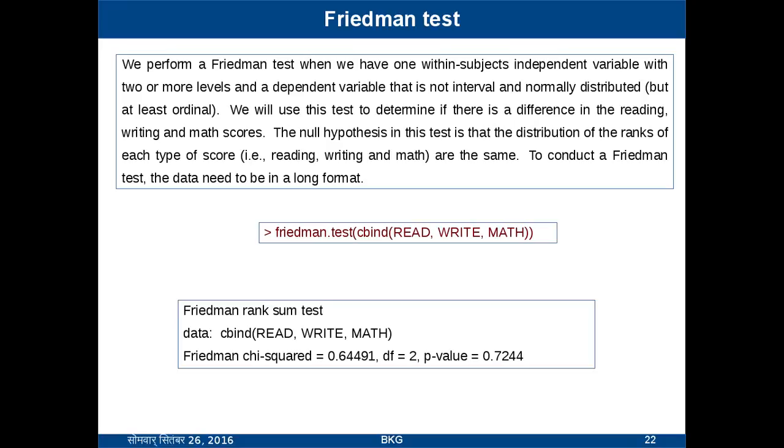To conduct the Friedman test, the data needs to be in long format. So we use this R code, Friedman test, cbind option. That means the read, write and math will be tabulated as different columns.